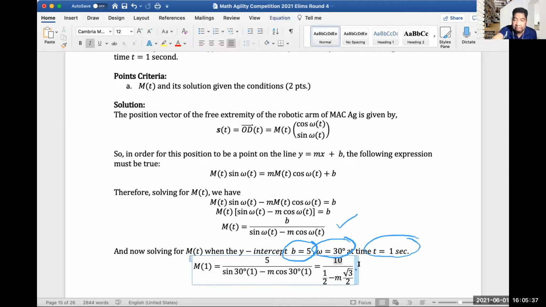So 5 over 1 half minus, so sine 30 degrees is 1 half, minus m cosine 30 degrees, which is square root of 3 over 2, right? So that should be the final answer for m at 1 second, right?